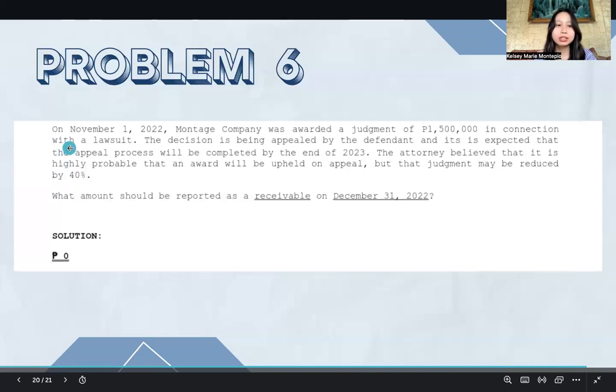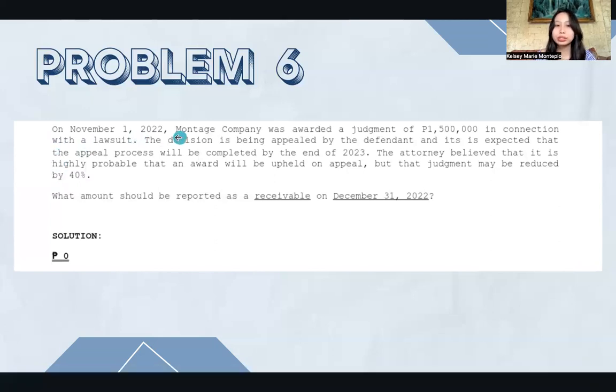It states that on November 1, 2022, Montage Company was awarded a judgment of 1,500,000 in connection with a lawsuit. The decision is being appealed by the defendant, and it's expected that the appeal process will be completed by the end of 2023.